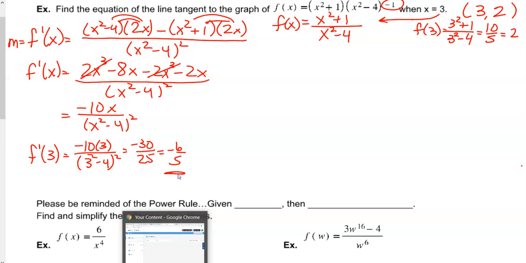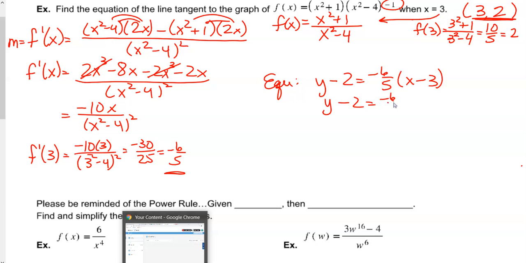So between this and this point up here, we are actually going to be now writing the equation of our tangent line, okay? So this is something that you need to master. So we need to go y minus the y value that we found over here, which is 2, equals negative 6/5 times x minus 3. And from here, we get to distribute negative 6/5 and then solve for y. So I get y minus 2 equals negative 6/5 x, and negative times a negative becomes a positive, and unfortunately, 6/5 times 3, nothing will cancel.